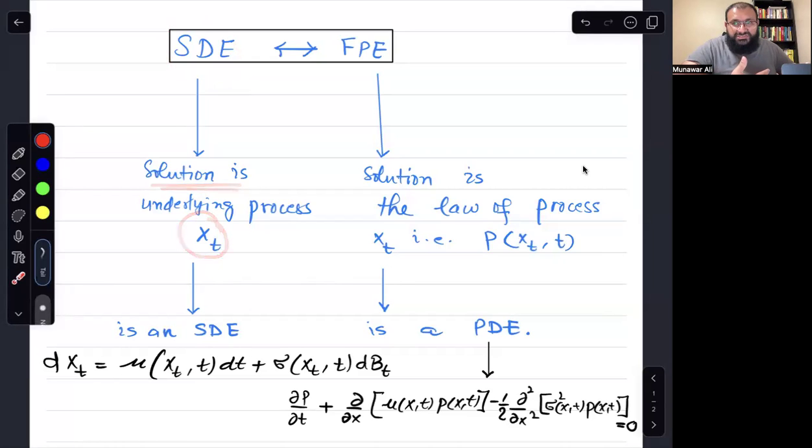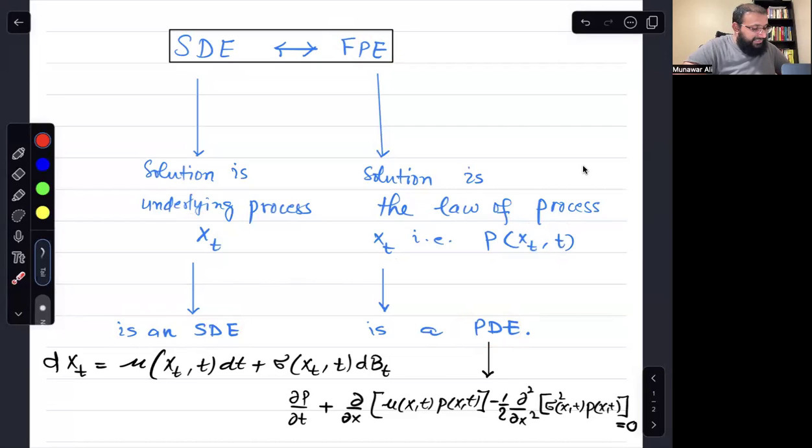So there is a process that satisfies this stochastic differential equation. And the solution of a Fokker-Planck equation is the law of that process XT. It means the probability of this XT at any time t. And obviously, this is a stochastic differential equation, while a Fokker-Planck equation is a partial differential equation.